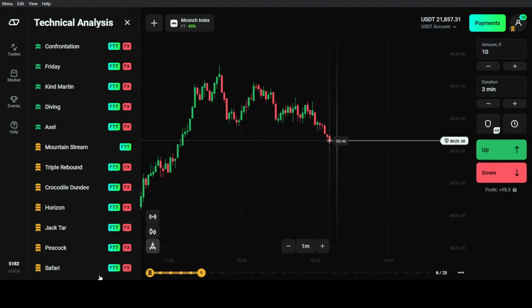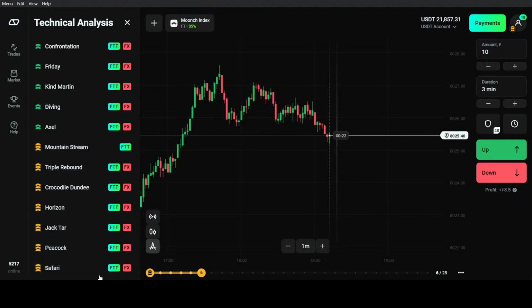Let me tell you a few things before we learn this strategy and start trading. First of all, this is a live market, and there might be fluctuations, whether in your account or my account. So I won't say that any strategy is going to give you 100% success. Even if I am teaching you the strategy, there will still be fluctuation.